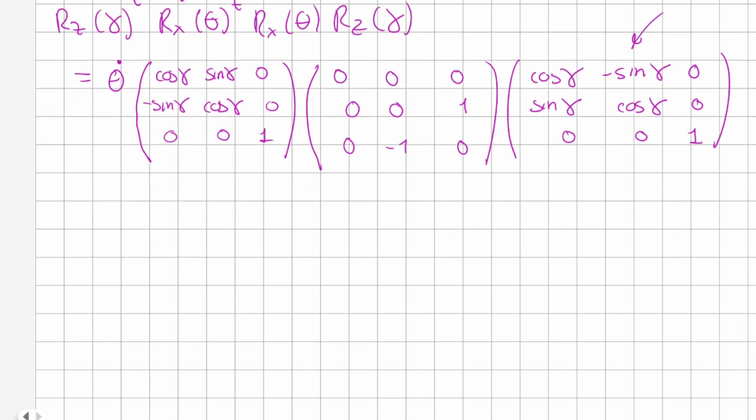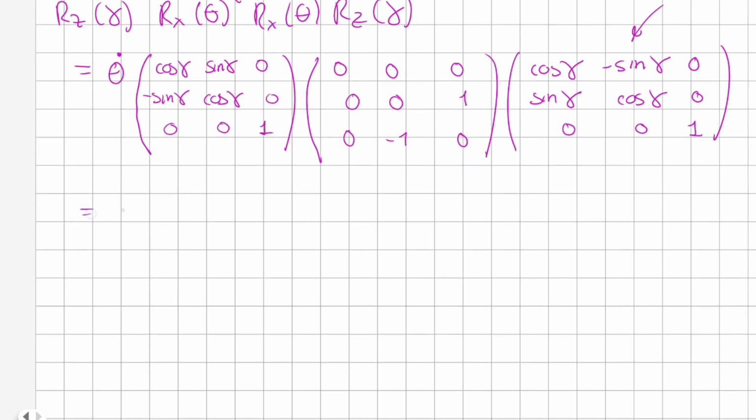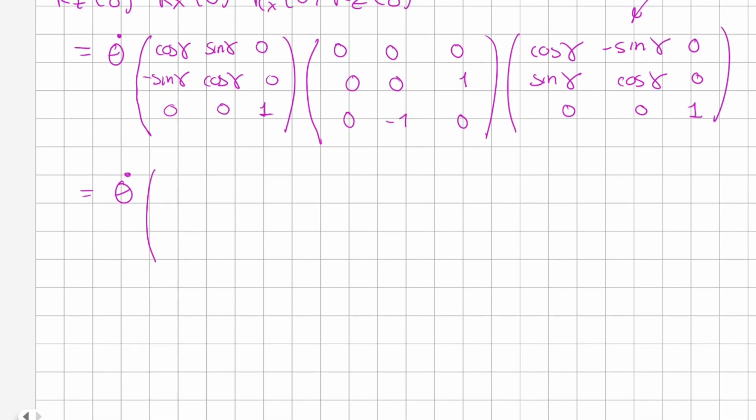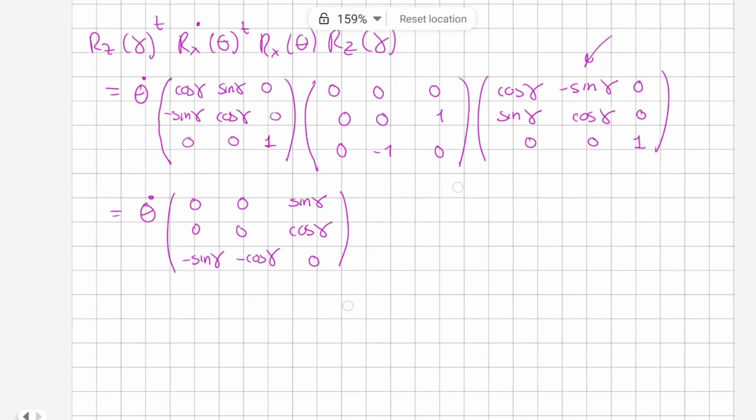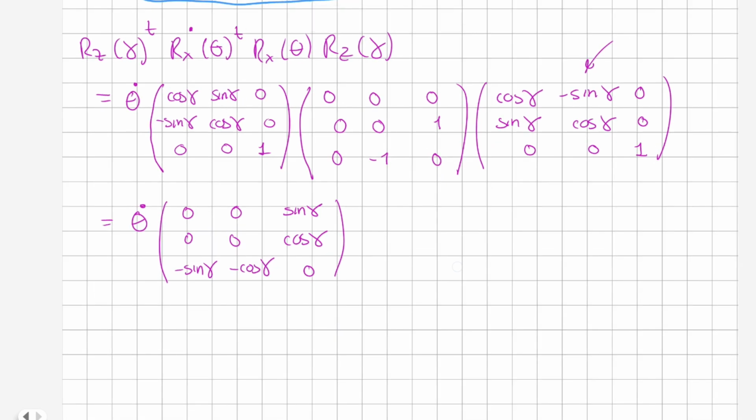Okay. So let me just tell you what is the result if you make this triple product of matrices. You will get 0, 0, sine gamma, 0, 0, cosine gamma, minus sine gamma, minus cosine gamma, 0 here. Perfect. Okay. Another important result.